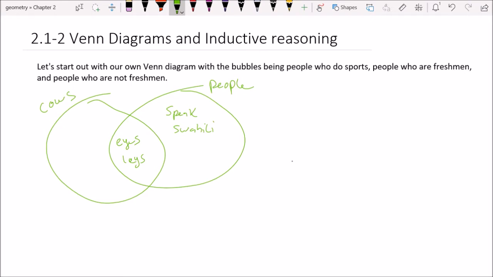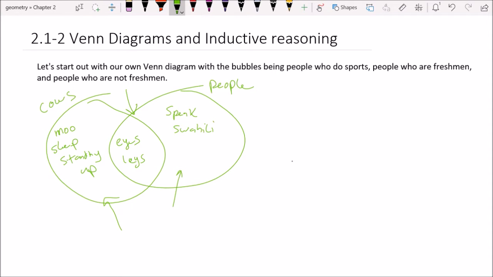As far as we know, cows don't do that. Only cows moo, although I guess technically some people might moo, right? Sleep standing up, things like that. So the thing in the bubble that overlaps, these are things they have in common. And the things in the outer bubbles are things that are unique to cows and that are unique to people.